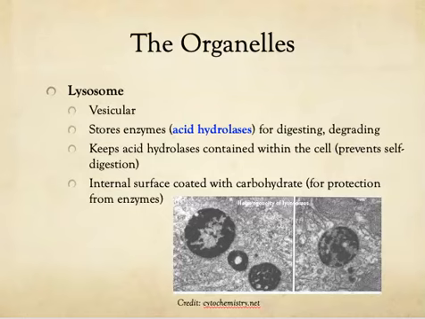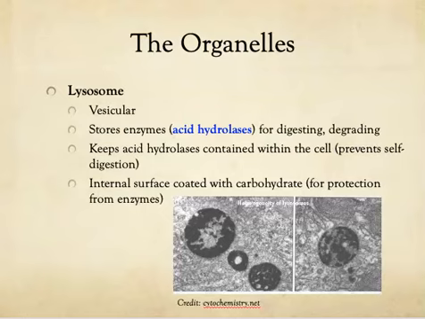Inside of lysosomes, there are a type of enzyme referred to as acid hydrolases. Now, this is a big family of enzymes, and like the name suggests, when the pH is acidic inside of the lysosome, these are enzymes that can hydrolyze or break apart biological molecules.